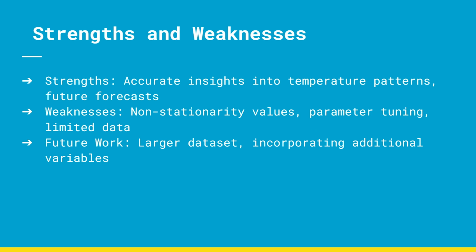For strengths and weaknesses in my models, I would say the strength would be accurate insights into the temperature patterns. The future forecasts were pretty accurate. Weaknesses: the non-stationary values, maybe tuning the parameters like P, Q, and D. The limited data, I only did 6 years to make data collection easier, but future work would be to get a larger data set and maybe incorporate additional variables that would also affect high temperatures.